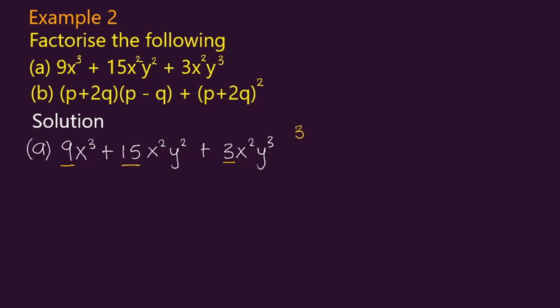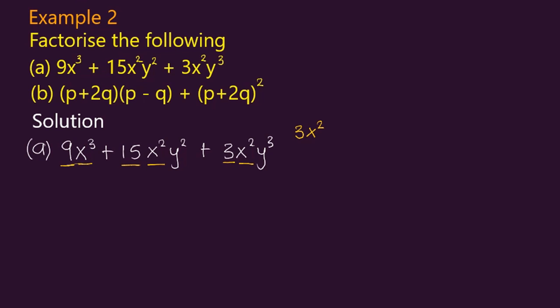The answer is 3. And terms in x, we have x cubed, x squared and x squared. What is the highest common factor? Obviously it should be x squared. That is the highest term in x divisible into each of these three algebraic expressions. Let's go to terms in y.